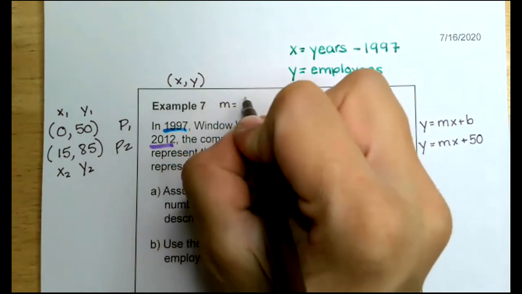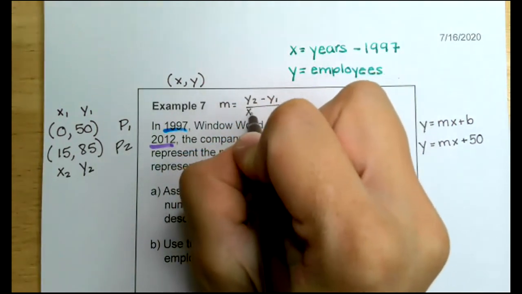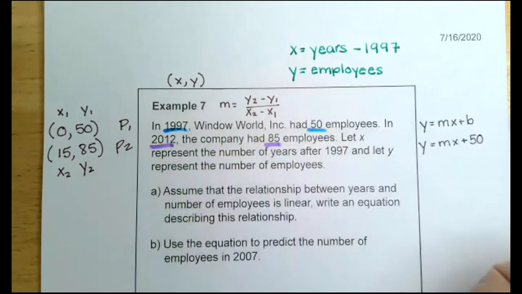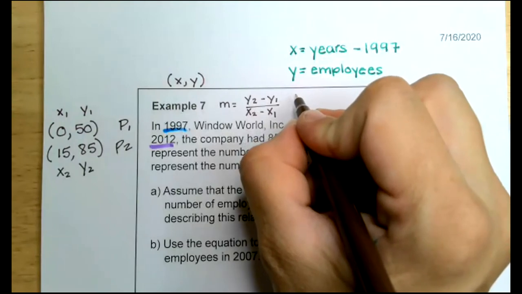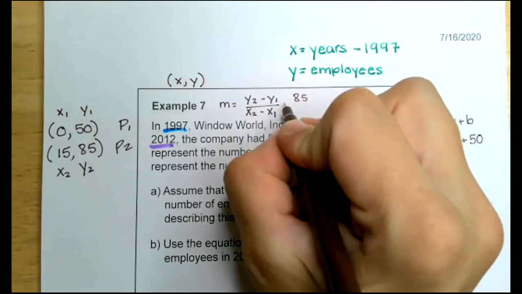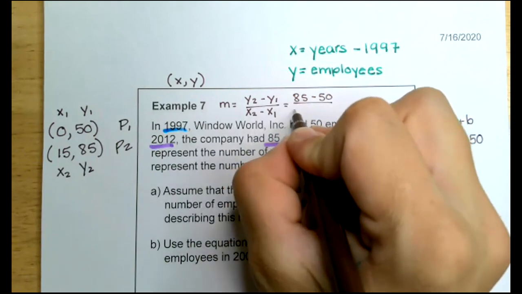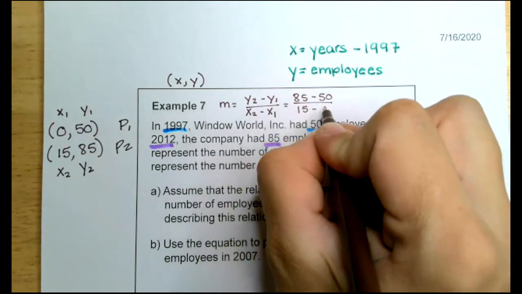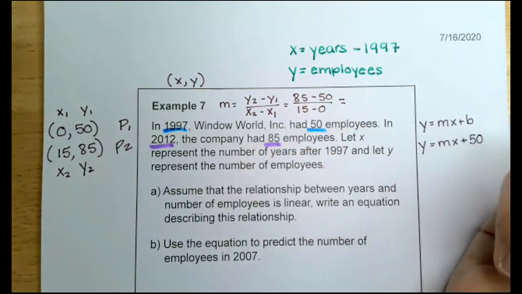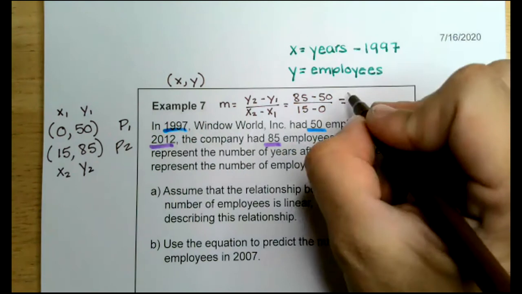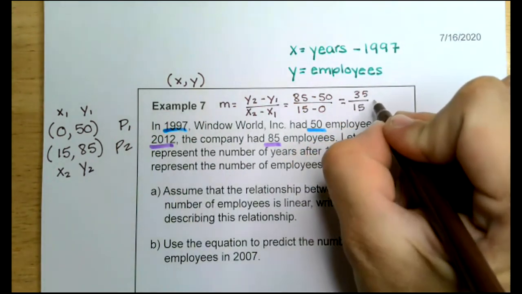M is always y2 minus y1 over x2 minus x1, okay? So I'm going to put these in. 85 minus 50 over 15 minus 0. 85 minus 50 is 35. 15 minus 0 is 15.